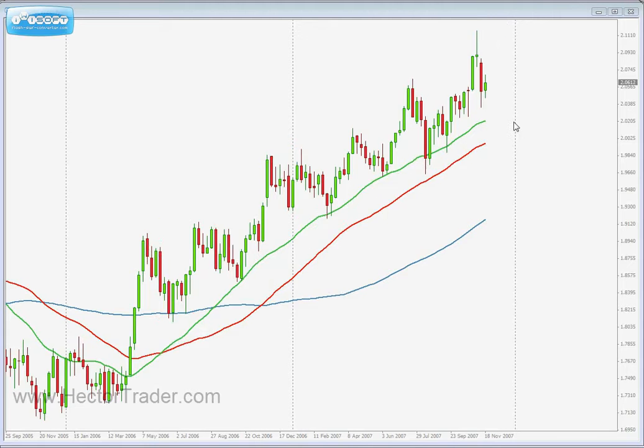As I explained in the first video of this course, just making higher highs and higher lows is not enough, in my opinion. You want the moving averages to plot under certain conditions in the chart, as usual, all of them in order, all of them parallel to each other, etc.